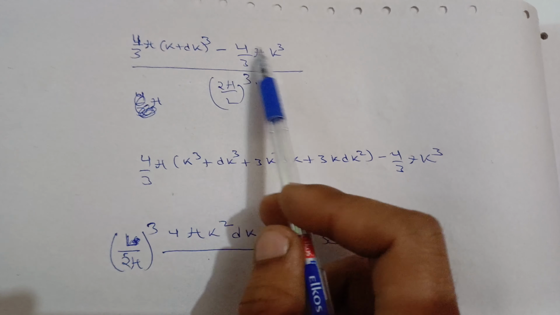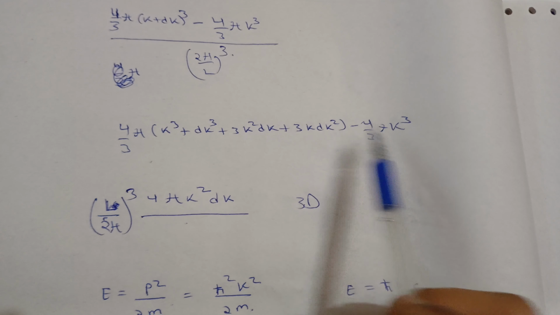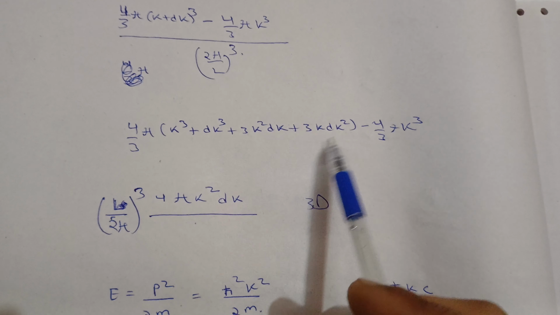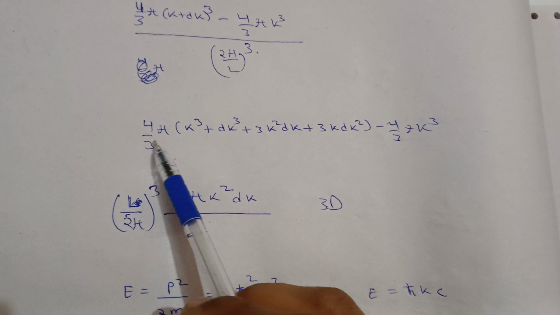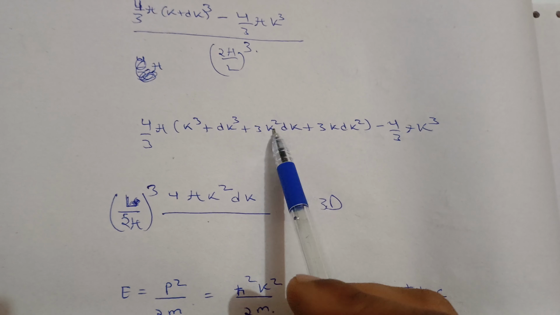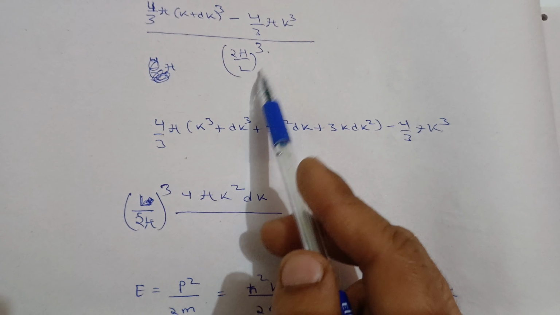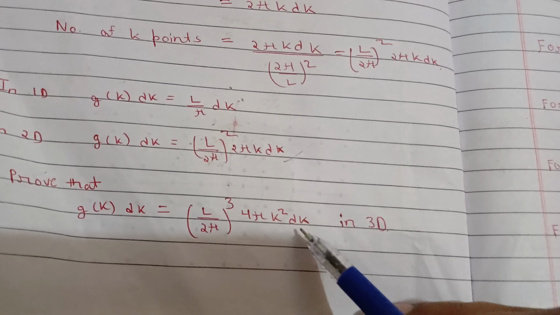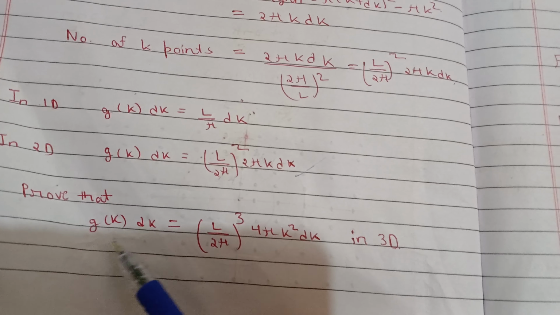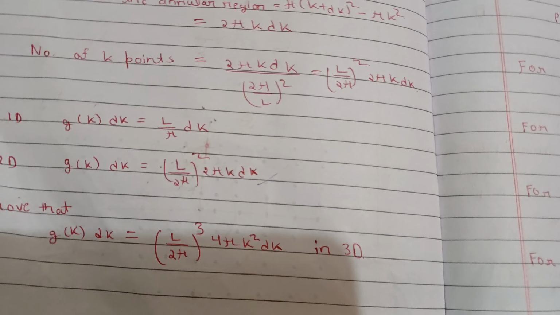When we subtract, some terms cancel out. Inside, dk cubed is very small and dk squared is neglected, so this term remains. The 3 cancels out, we get 4 pi k squared dk, and in the denominator 2 pi by L cubed becomes L by 2 pi cubed. So the expression is (L by 2 pi) cubed times 4 pi k squared dk, that will be g(k) dk. g(k) dk gives us the number of modes in 3D. That's how you get this.